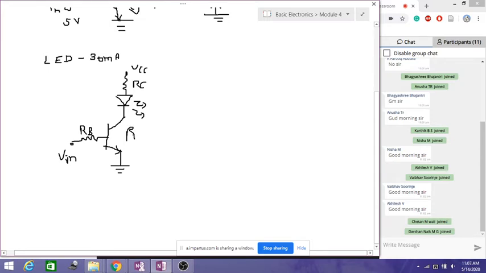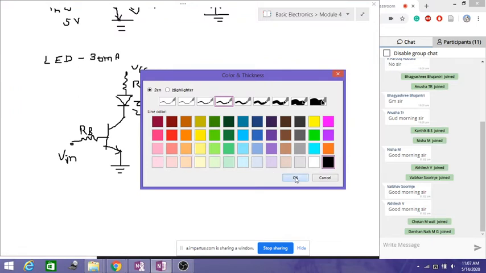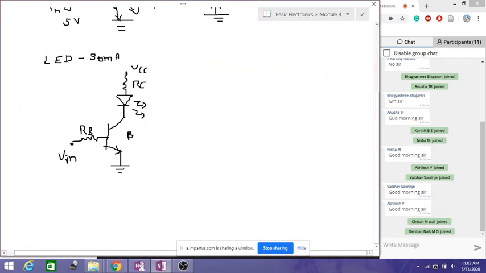The beta value given is 50, the RB resistance is 3.3 kilo ohms, RC is 270 ohms and VCC is equal to 9 volts. These are the given requirements.